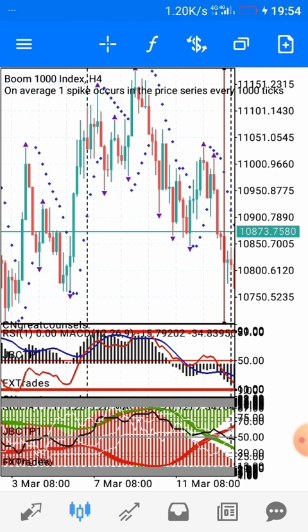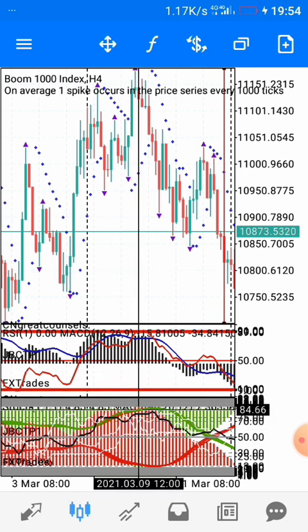But on boom market, to place a sell, remember I said the reverse of whatever I said on crash is the case in boom. Now here you are looking at, on the second indicator window, the MACD histogram we are looking at is the red MACD histogram that is on the second indicator window.